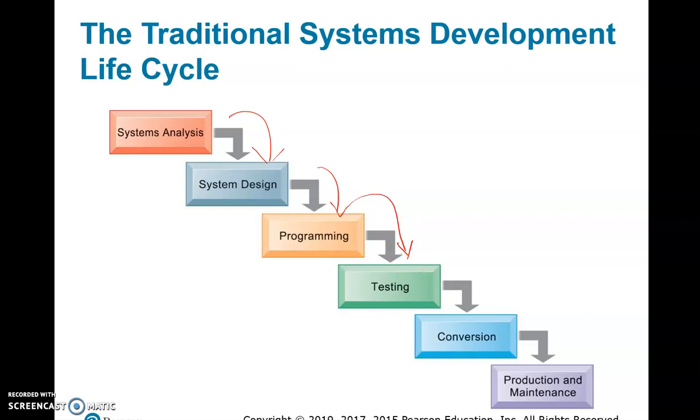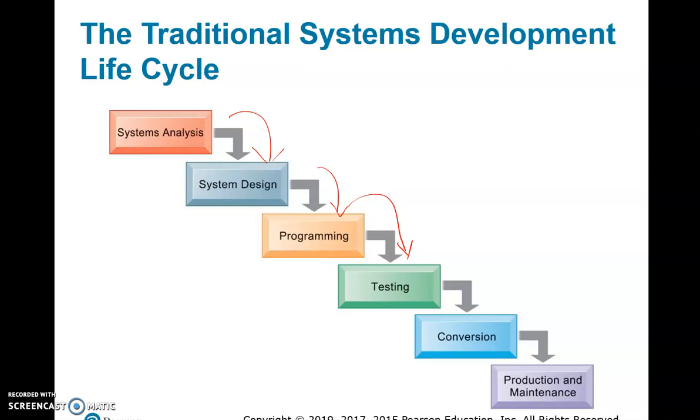The testers take the programs in an integrative way or in a modular way, depending on how it is done. Then it is converted to the client servers or to the computer systems that are in place. That is given out as production, and then future maintenance takes place after that.